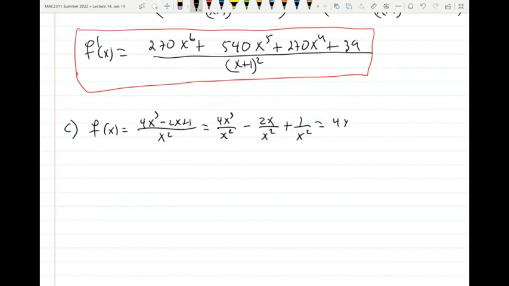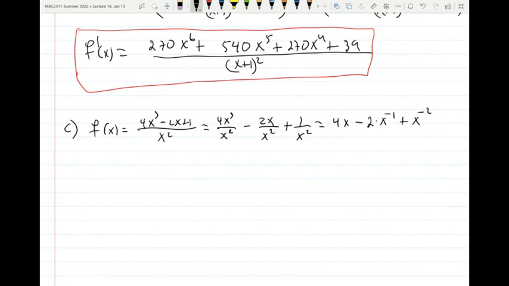So the first term would be 4x. The second term is negative 2 over x, right? But if you don't mind, I'm going to write it as 2 times x to a negative 1, so that then we are ready to use our power rule. And then the last term, I'm going to write it already as x to a negative 2.